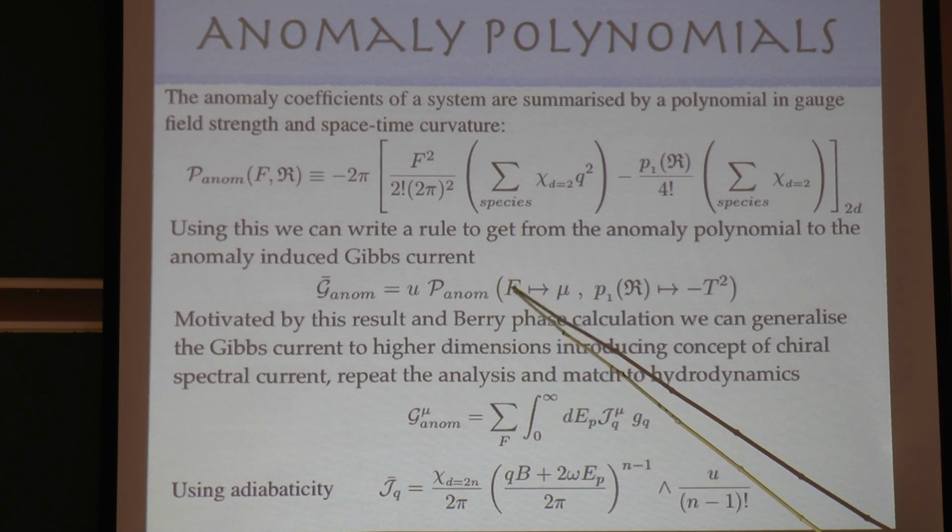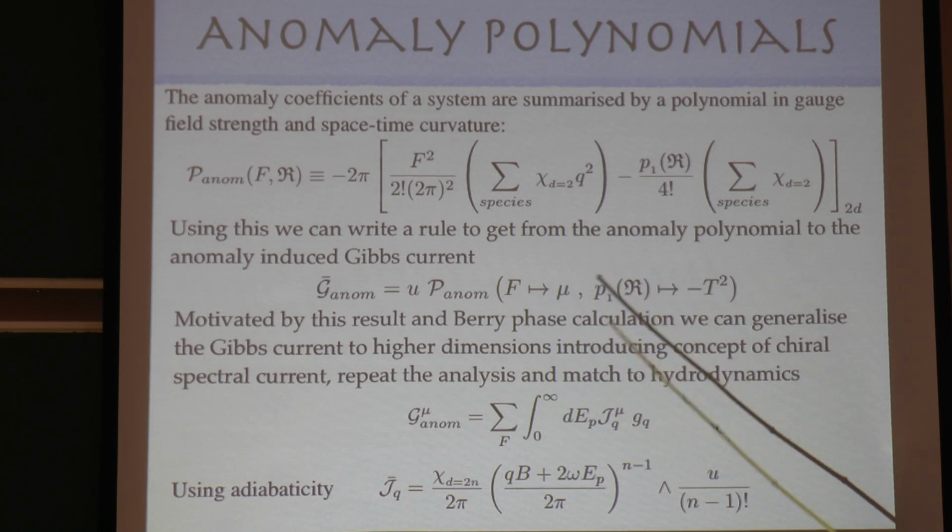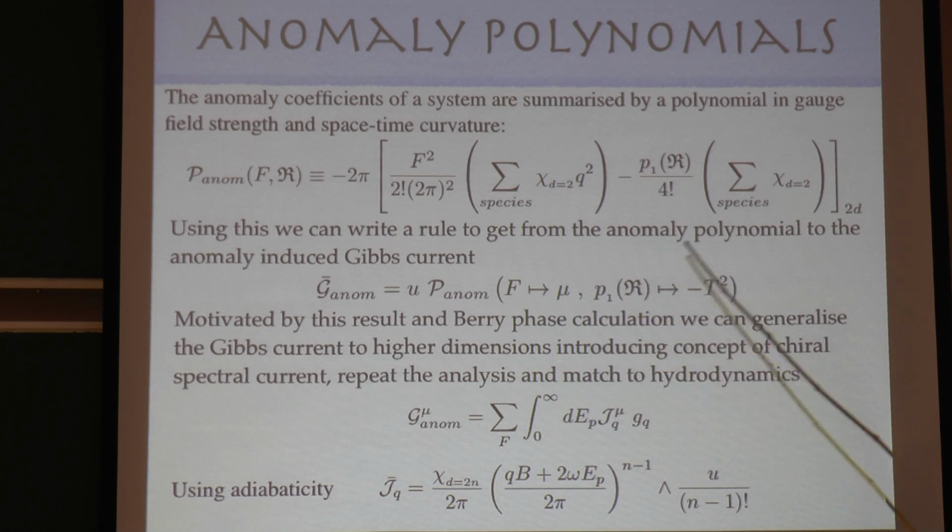If I exchange F by the chemical potential, and if I exchange the Pontryagin class by minus T squared, then it seems that the finite temperature transport is very similar to the zero temperature anomaly, which means that we have some finite temperature counterpart of the anomaly polynomial.